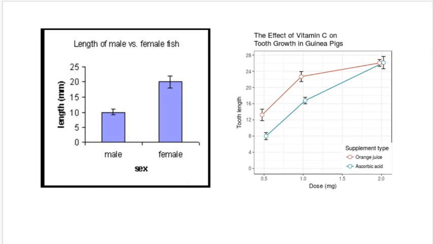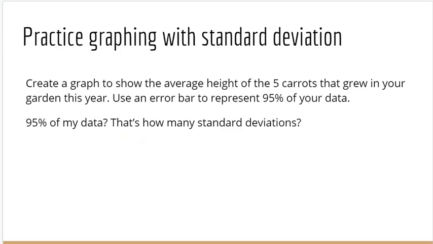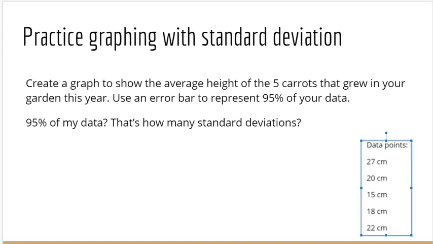Okay, if you want to right now, a good idea would be to do a little practice. Try going back to the carrots, and use their average height, which I just put down here in the corner. Here's your average height. Calculate the mean. Create a graph.